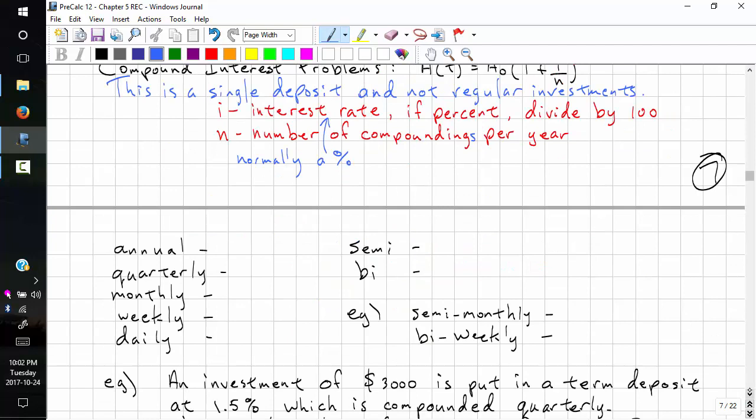How are compoundings expressed? Well, we have annual, that's 1 time a year. Quarterly, that's 4 times a year. Monthly, that's 12 times a year. Weekly, that's 52 times a year. And daily, that's 365 compoundings per year. In addition to these, we can add a prefix of semi or bi. Semi means to double the compounding.